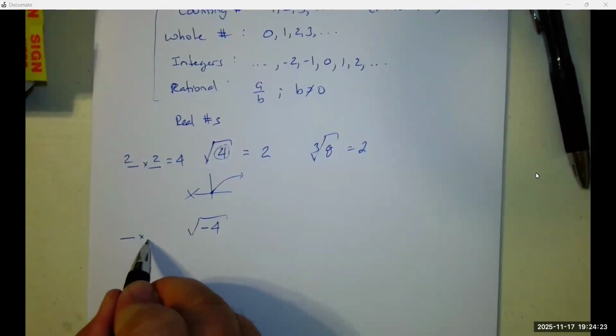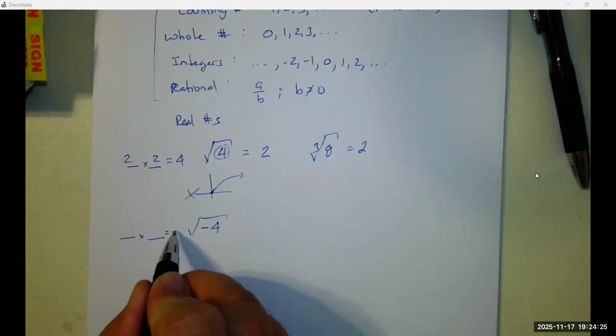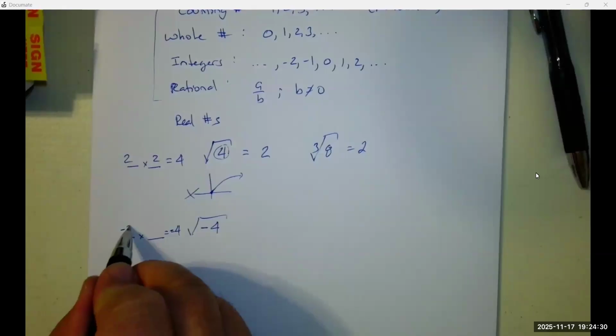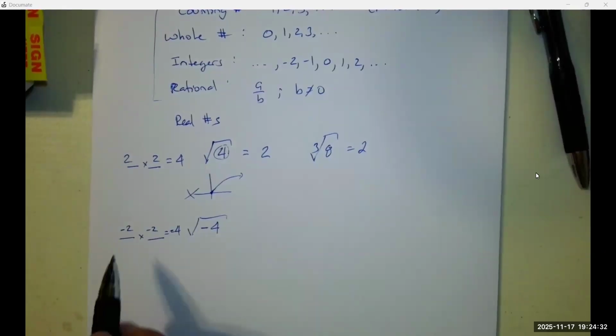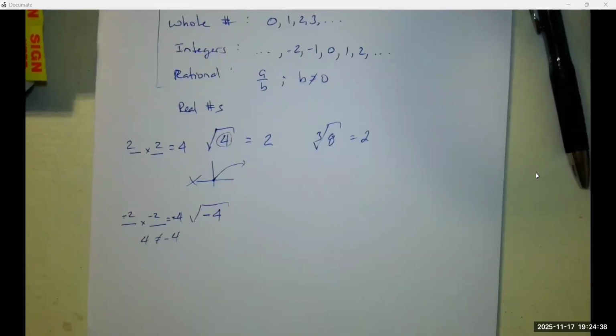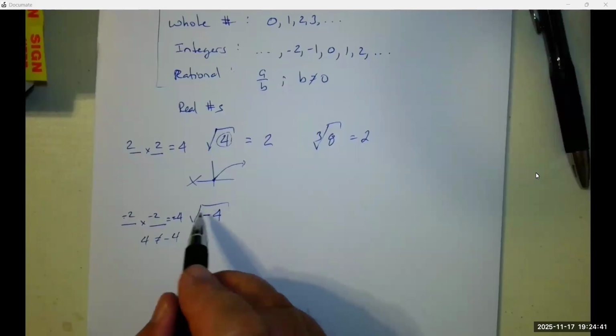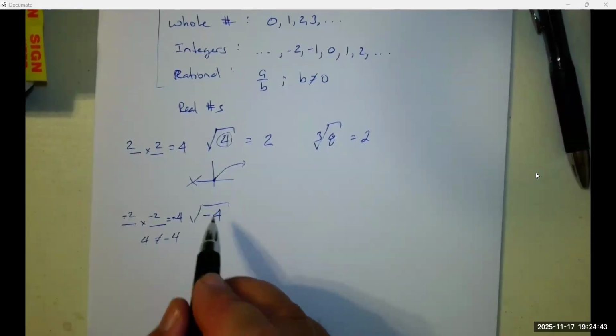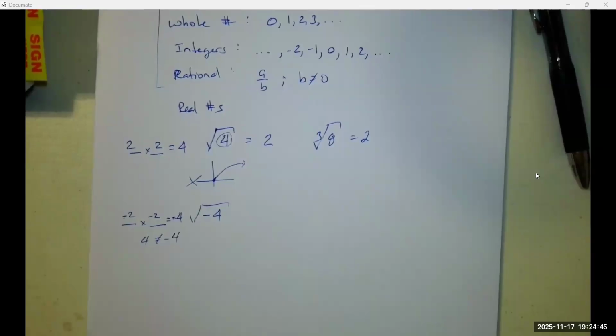There are no two numbers that are the same that multiply to give you negative 4. If we had negative 2 times negative 2, the negatives cancel, we get 4. And that's not the same thing as negative 4. So we cannot take square roots or radicals of negative numbers until now.